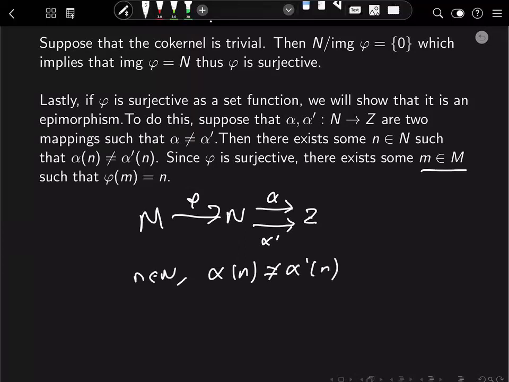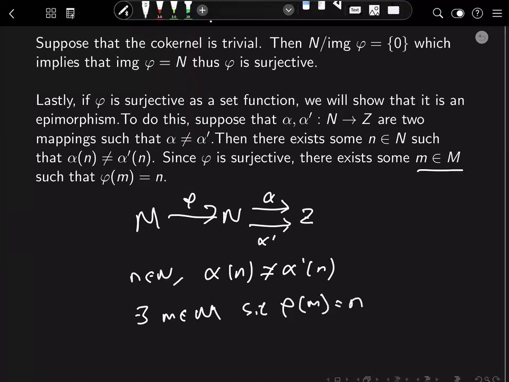And since phi is surjective, there exists an m in M such that phi of m is equal to n, okay?